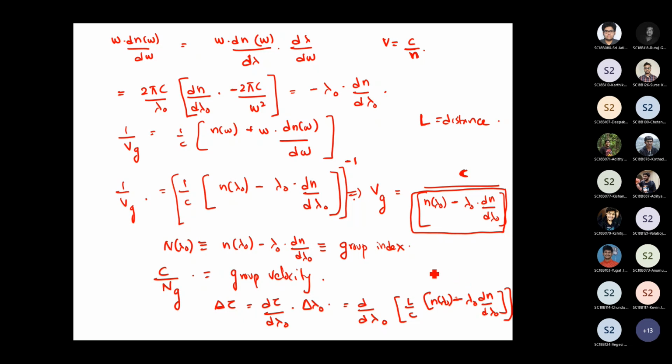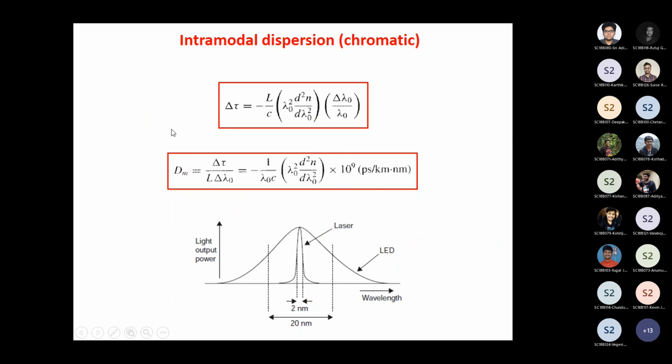If you simplify this expression, then the delay or the broadening of the optical pulse is given by minus L by c into lambda square into d square n divided by d lambda naught square into delta lambda naught divided by lambda naught.